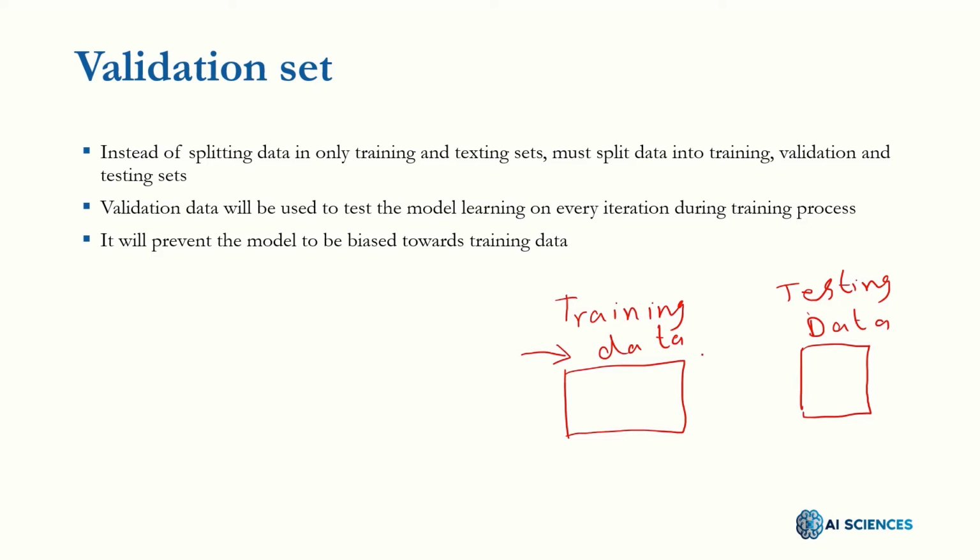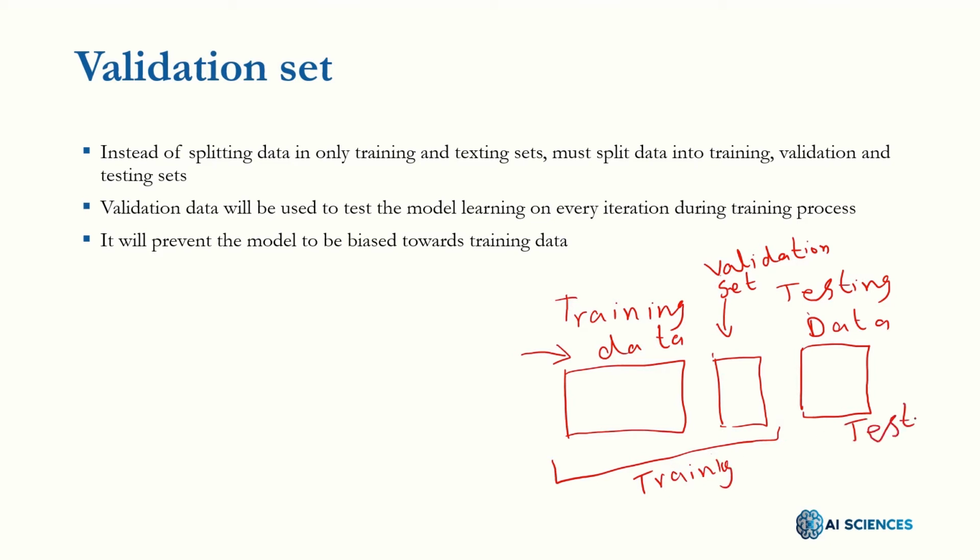So what we do is make 3 splits of the data instead of 2. We also add a validation set with the training process. These two data sets are used in training, and this one remains as the testing set.